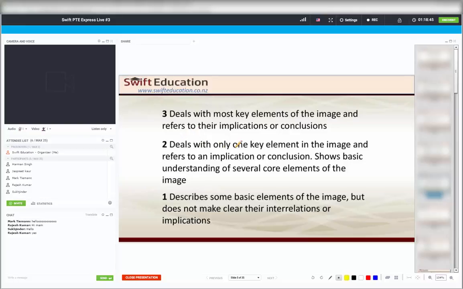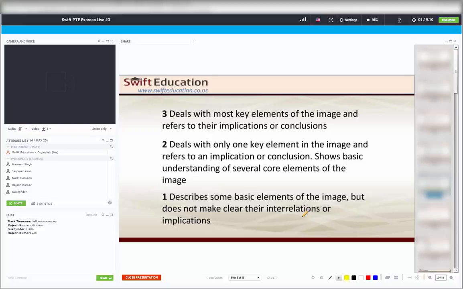I know it's too much to read, but I will just explain in simple words: if there are 5 criteria given in the image, you need to explain all 5 of them. That's how you're going to get scored. So if you reduce the key elements, your points will get reduced as well. One is describing some basic element of the image but not making clear their interrelation or implication.